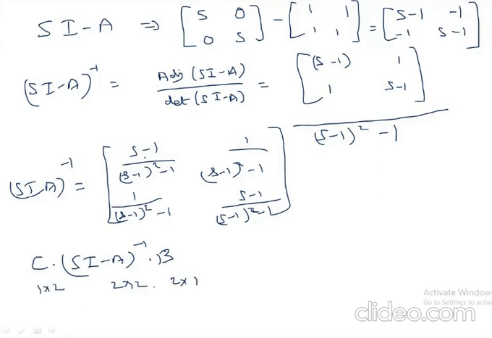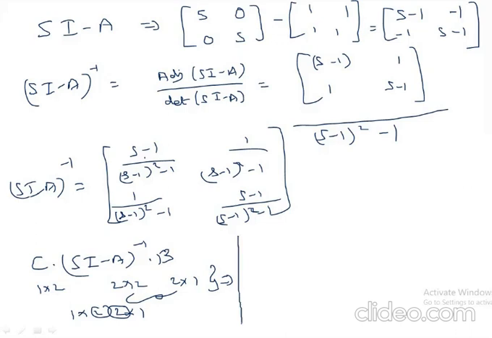Now if you observe, the resultant of 2 by 1 and 1 by 2 will be a 1 by 1 matrix. So if you multiply with B and C, the C matrix is a row matrix.